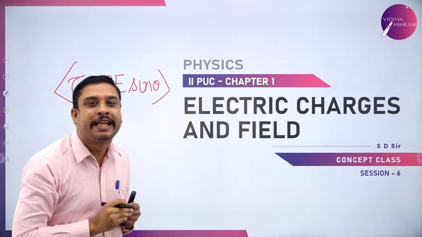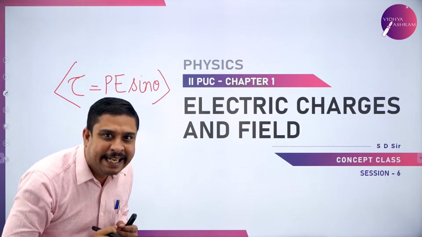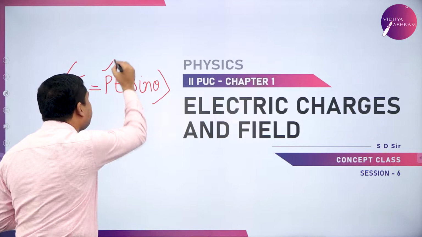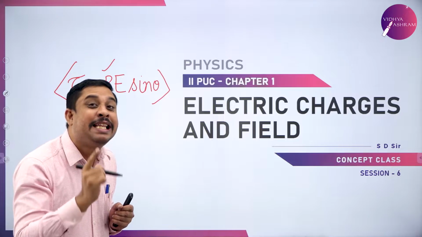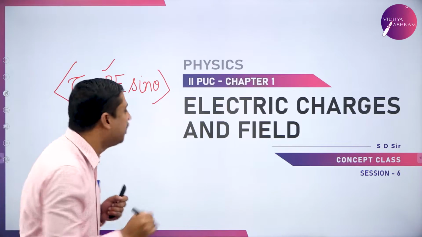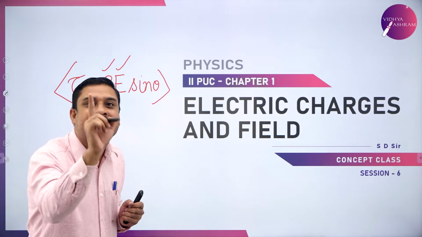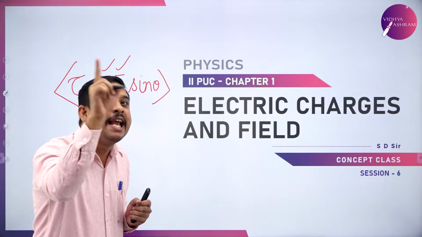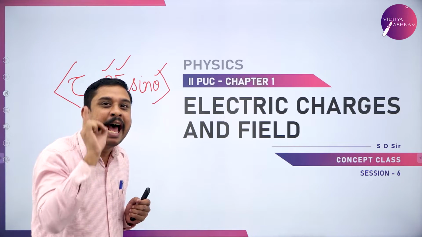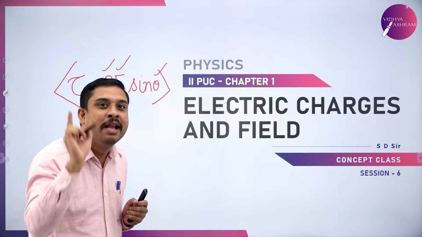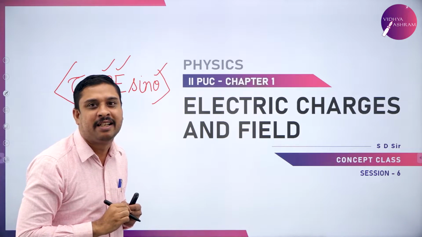Tau, torque, equals PE sin theta. What was P? It was the magnitude of the dipole moment. What was E? It was the strength of the electric field.